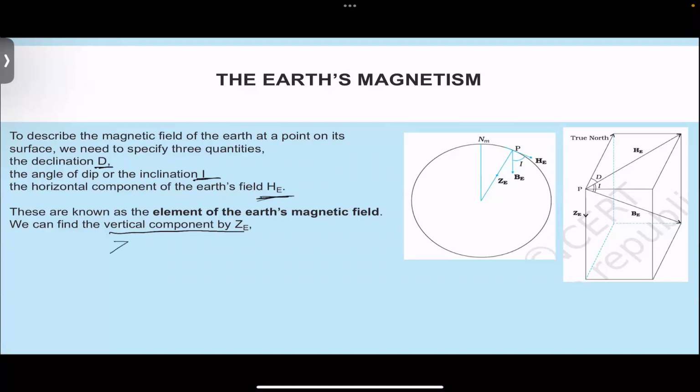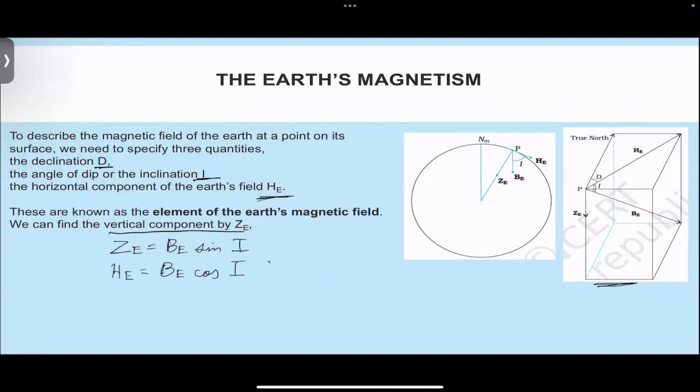From this diagram you can see that ZE is BE sine of the inclination angle, and HE is BE cos of the inclination angle.